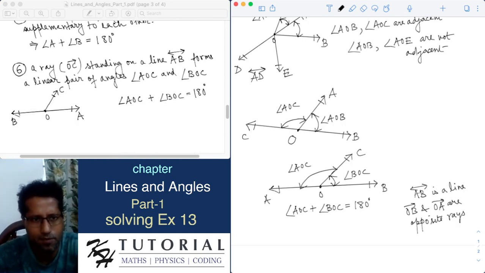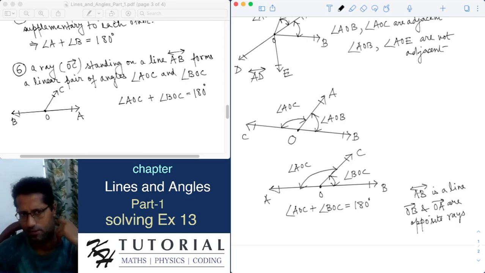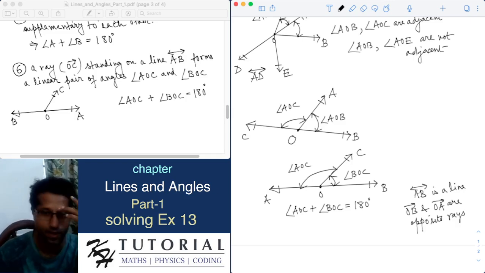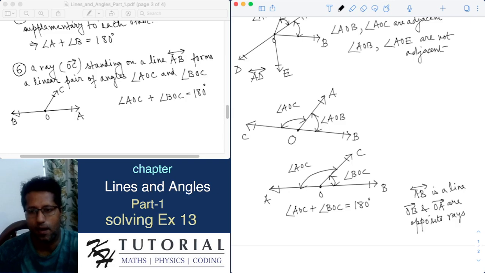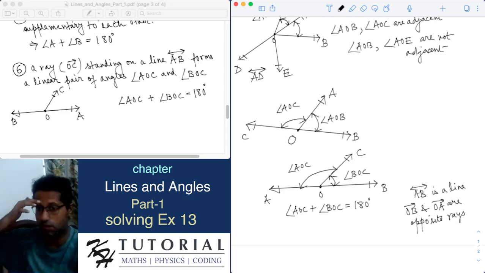Now point number 6 is just saying that a ray OC standing on a line AB forms a linear pair of angles. That is what I just explained. So on a line AB, if you take a point O on the line and you create a ray OC, then that ray OC and the line AB will create two angles, angle BOC and angle AOC, which will be a linear pair of angles.